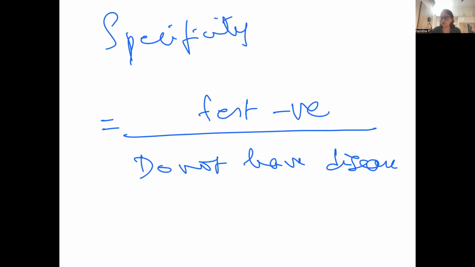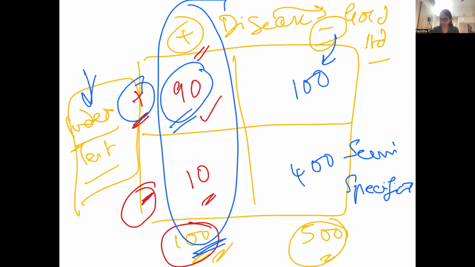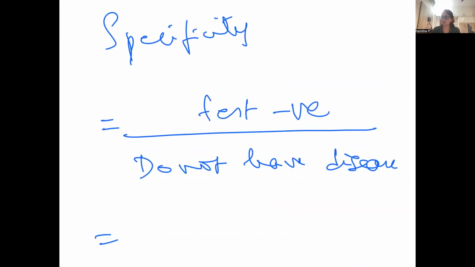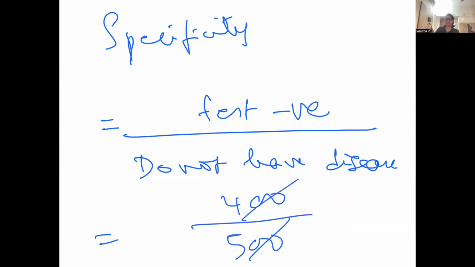Specificity is out of all those who do not have the disease, how many get test negative? So from your table, out of all those who do not have the disease, that is 500, how many have tested negative? It is 400. So here it will be 4 by 5 into 100 because all of them are by proportion. So if I make a mistake, please tell me. Yeah, so your specificity is 80%.